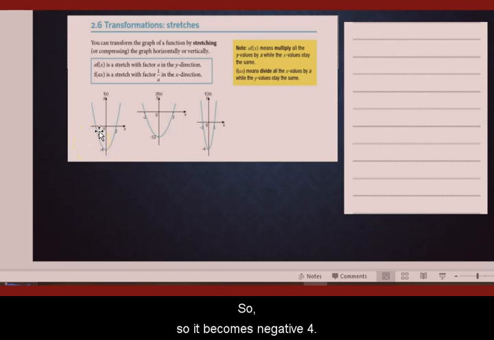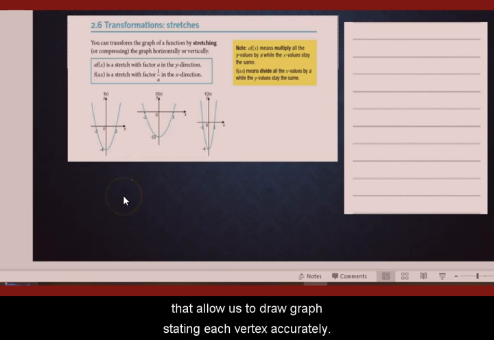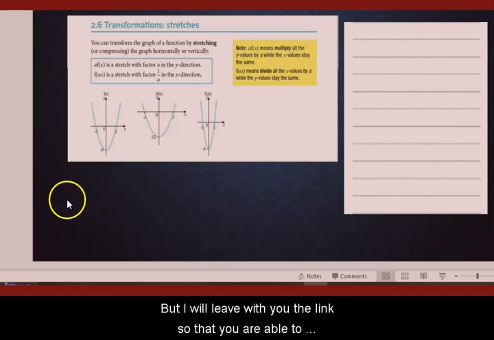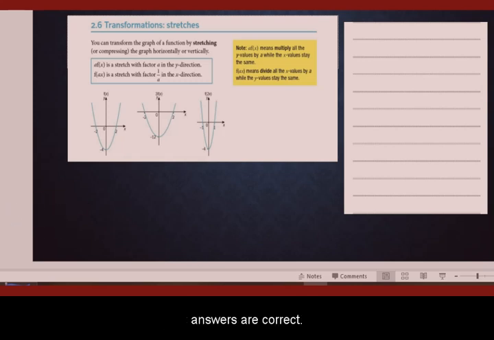If you have negative 2, we can stretch by 2 to become negative 4. We will do more graphical questions in a specific video that allows us to draw graphs stating each vertex accurately. But I will leave you the link so that you are able to check after sketching your graph to be sure that your answers are correct.